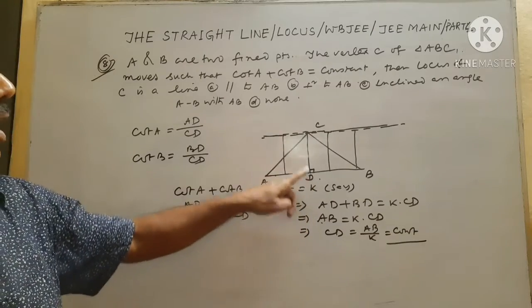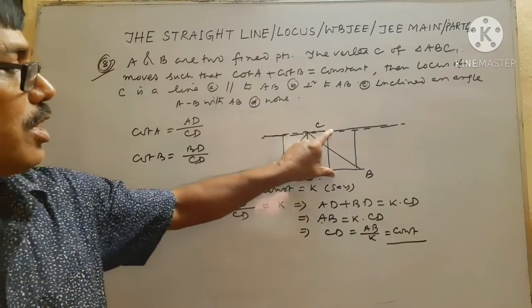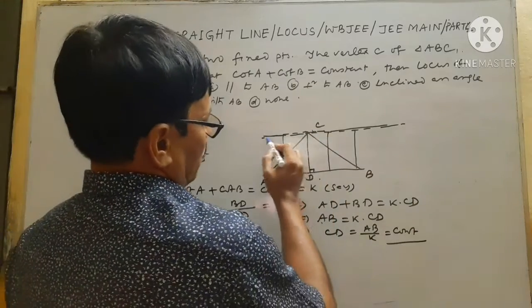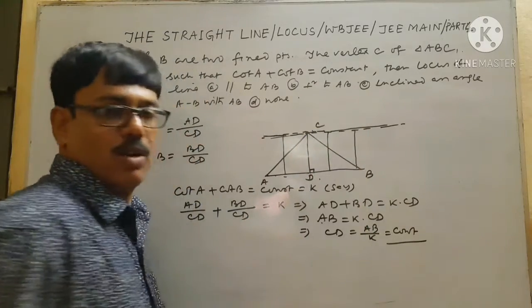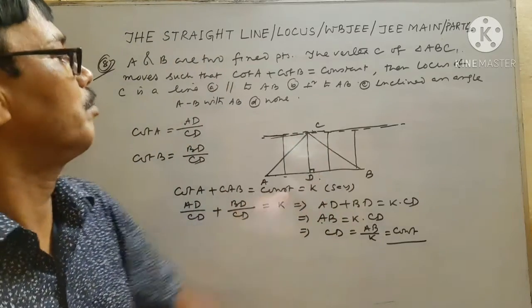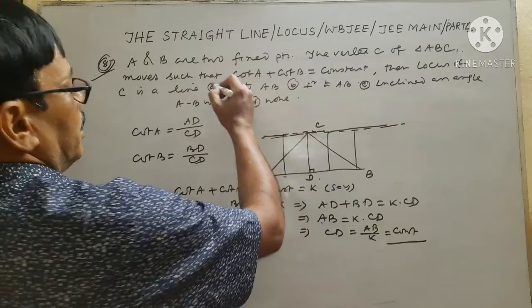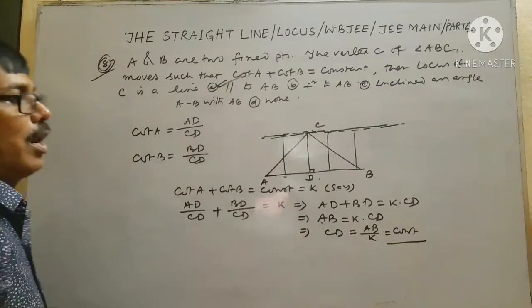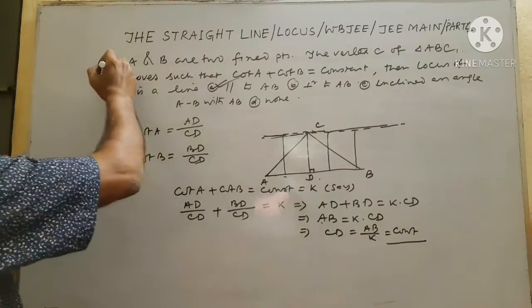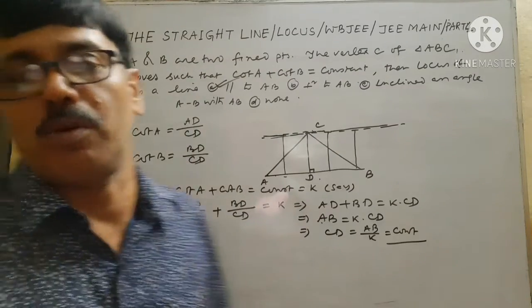So CD, this distance, this distance, this distance is the same. So the locus of C is a line parallel to AB. Obviously, the locus of C is a line parallel to AB. So this is also a most important problem.